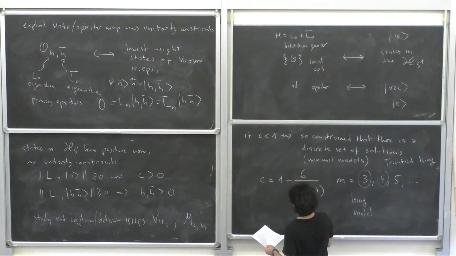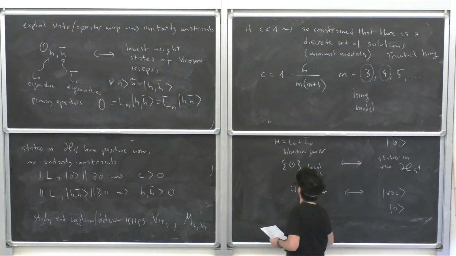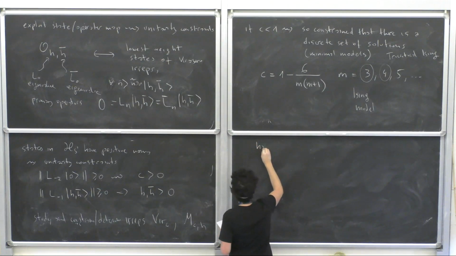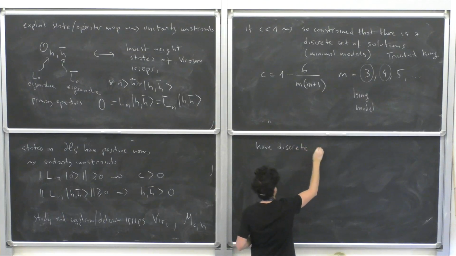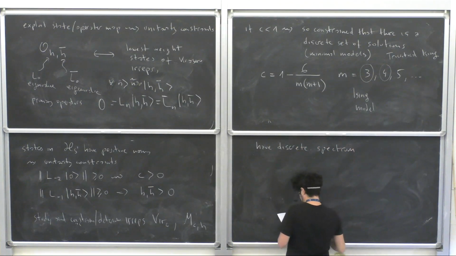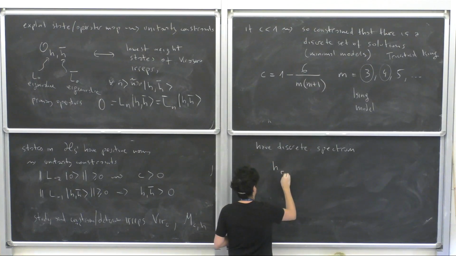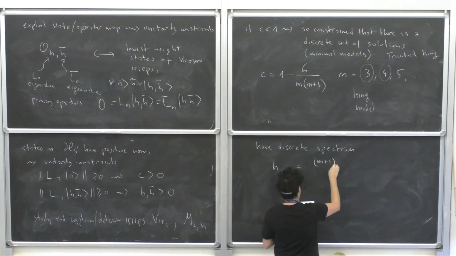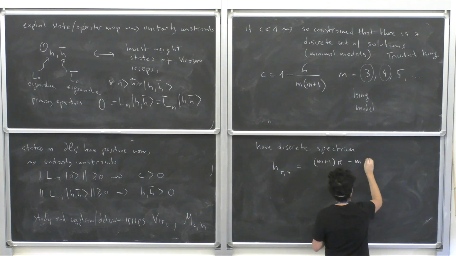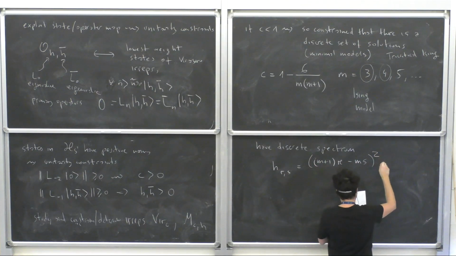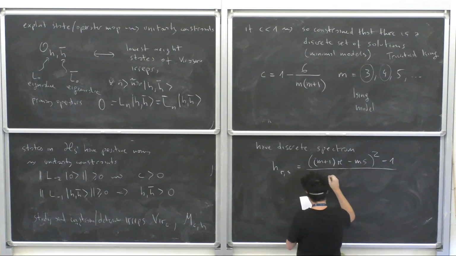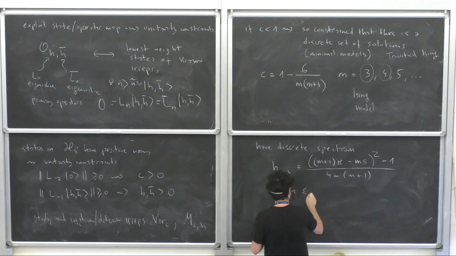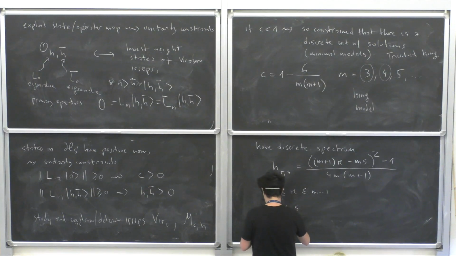In particular, they have a discrete spectrum of conformal dimensions, which are parameterized by 2 integers, and have this structure: m plus 1 times r minus m s, the whole thing squared, minus 1, over 4m times m plus 1, where r is less than m minus 1 and s is between 1 and r.